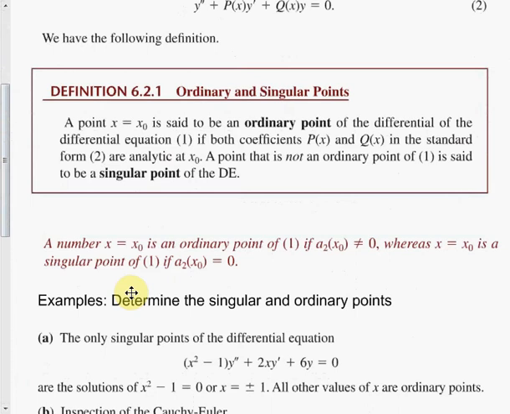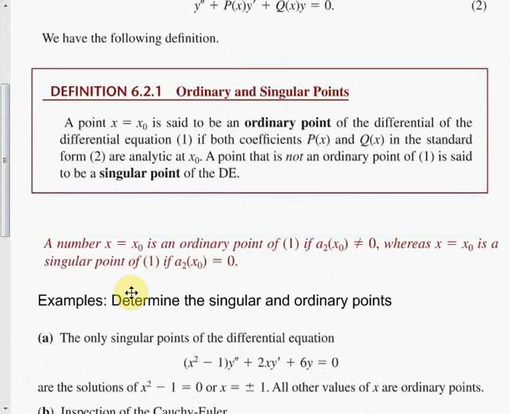X equal to x naught is an ordinary point if a sub 2 evaluated at x naught is not equal to 0. Well, if a sub 2 of x naught is equal to 0, then we call x naught a singular point. So singular, if you remember something about a matrix, a matrix that does not have an inverse is said to be singular.